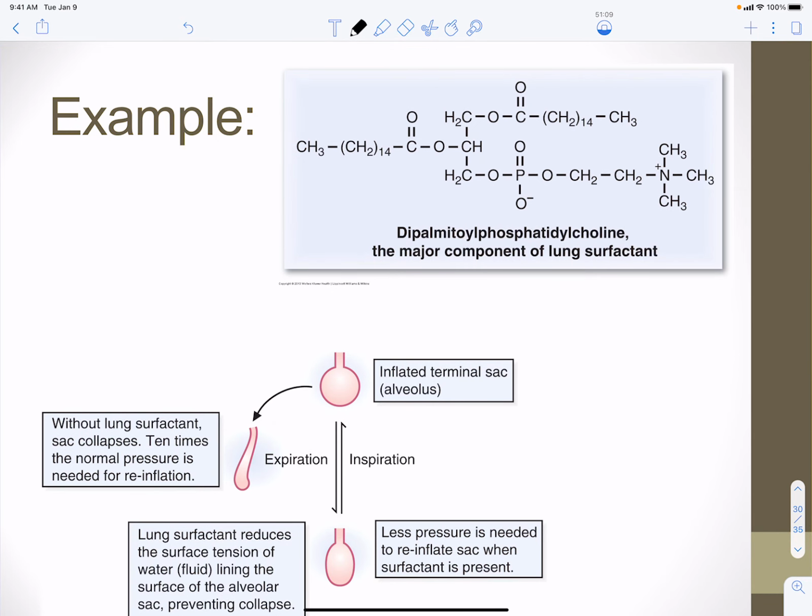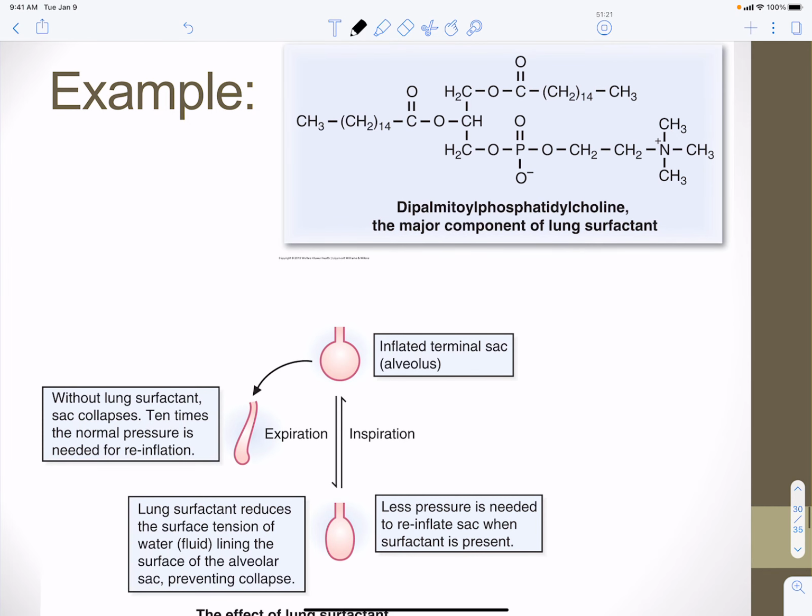Now, this is just an example of the importance of lung surfactants. So you have your dipalmitoyl phosphatidylcholine, which is a major component of lung surfactant. And then, so this is just showing an inflated alveolus. And then without lung surfactant, you get collapsing of the sac.